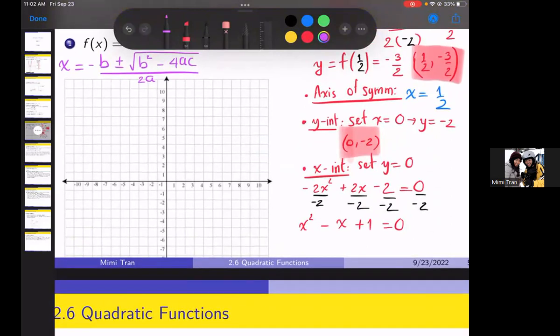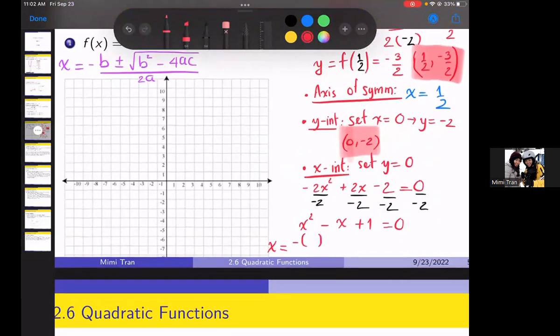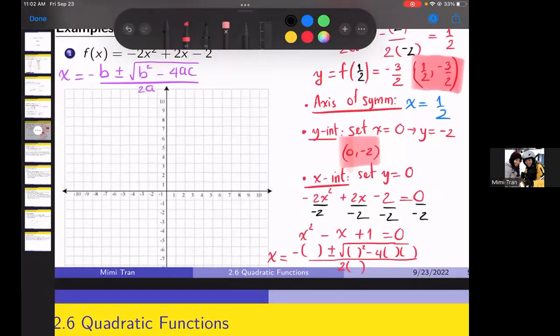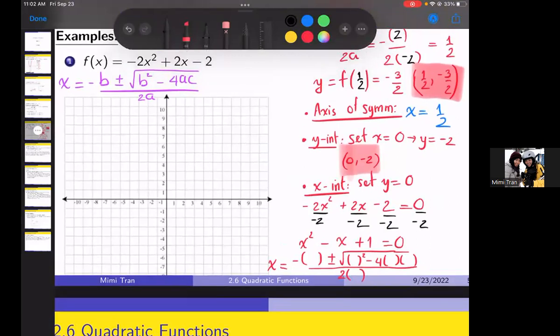Okay, so let's plug it in. I'm going to replace the letters with parentheses. b is 2 here, a is negative 2 down here as well, and c is 2.